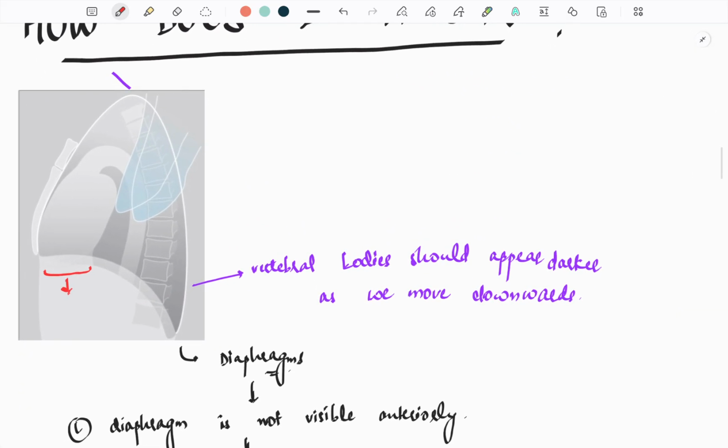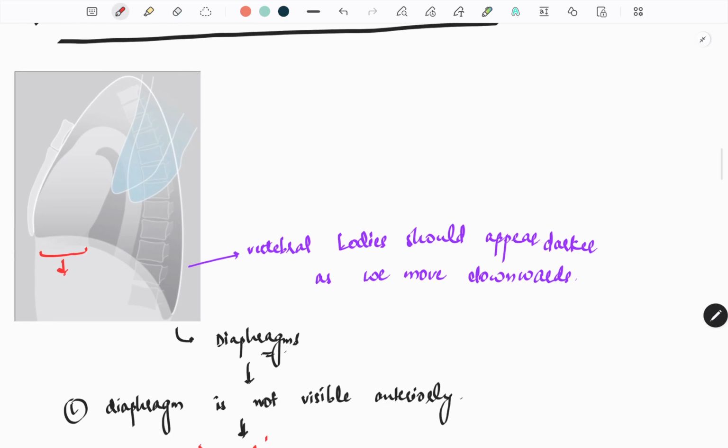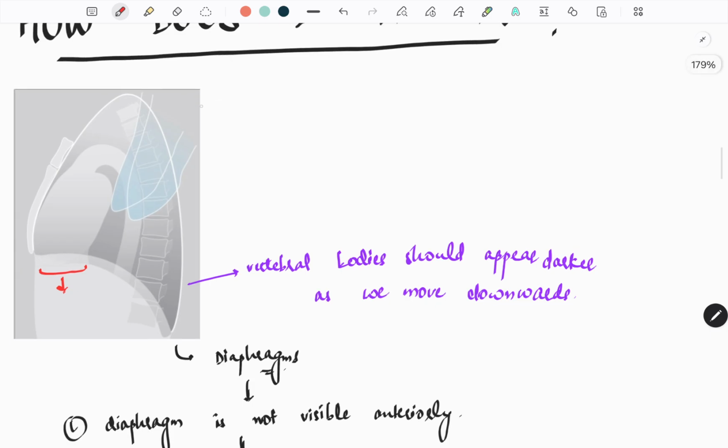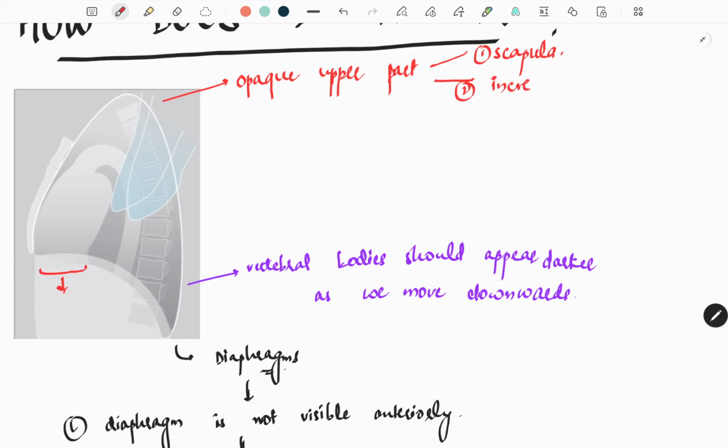Then we should see the scapulas overlying. This is the reason for the opaque upper part. One is the scapula, second is increased soft tissue at the shoulder region.